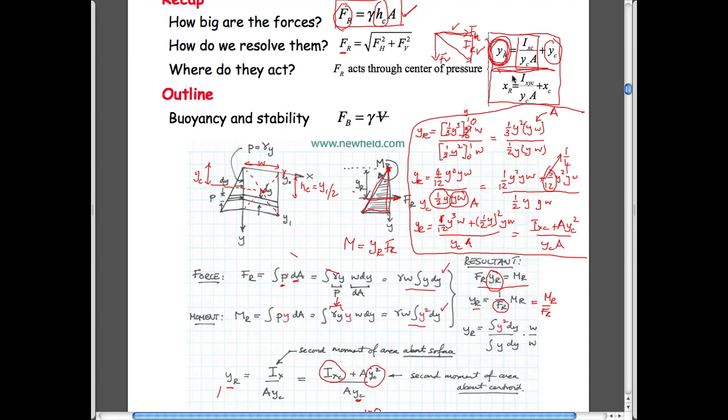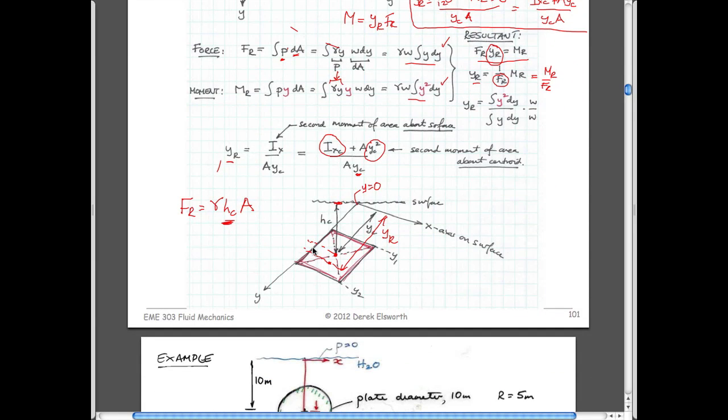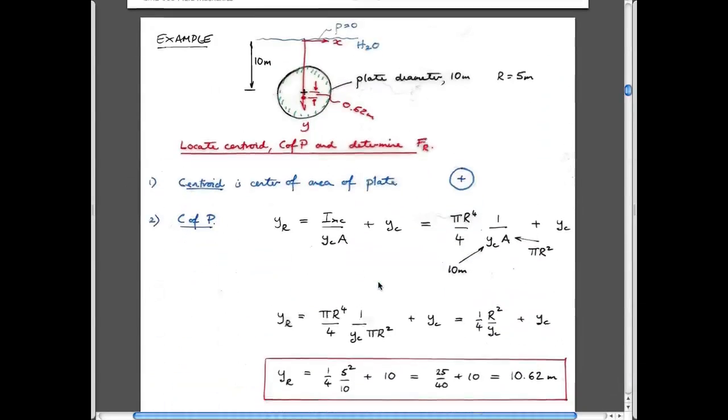I know I'm talking in jargon, but this length here, by definition, has to be the second moment of area about the centroid, I sub xc, divided by the depth y sub c of the centroid multiplied by the area of the plate. Just the area of the plate. So the area of the plate is this ringed portion, this red portion here. Right? So that's it. Let's go back to this.